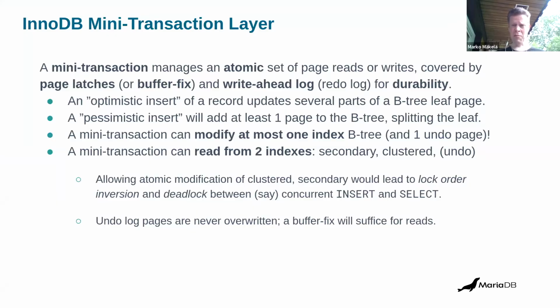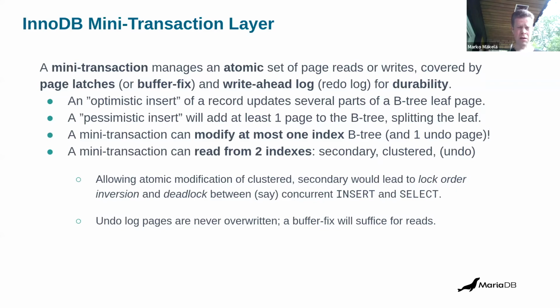And any pages that are written or modified, we must write log for those pages unless they are pages inside the temporary tablespace. So the mini-transaction also manages the log records for any modifications. And when the mini-transaction commits, it will release the page latches and it will write the log to the global storage. That will be shown in a further slide.